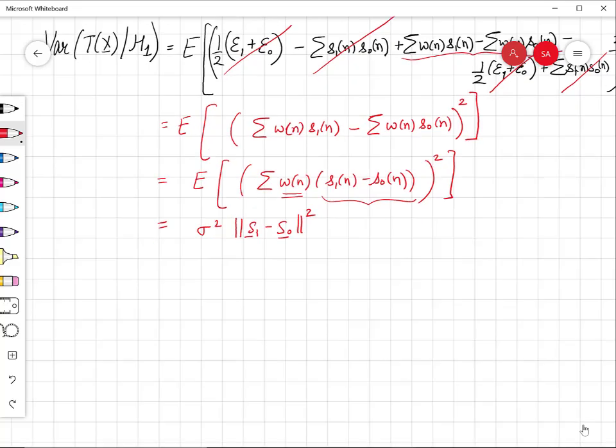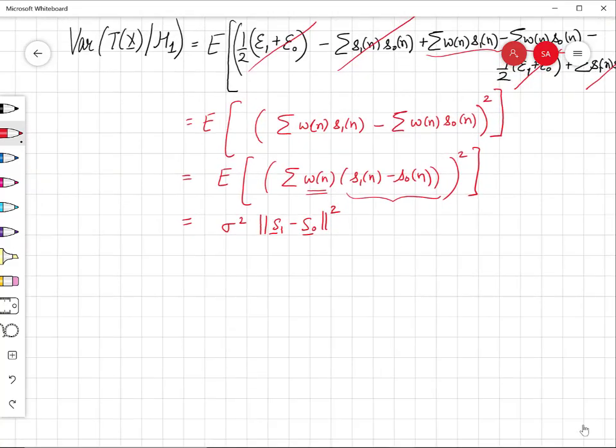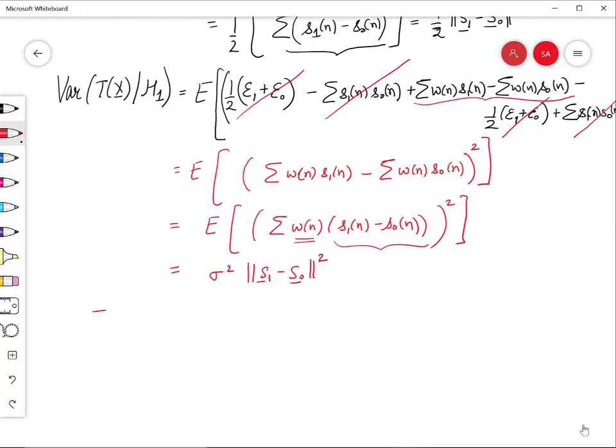under H1 hypothesis. All right, so my T of x, the test statistic under hypothesis 1, is distributed as a normal distribution with mean half of S1 minus S0 norm square, and variance sigma square S1 minus S0 norm square.